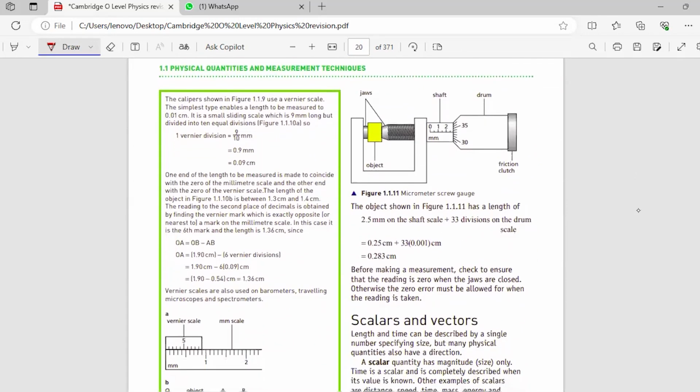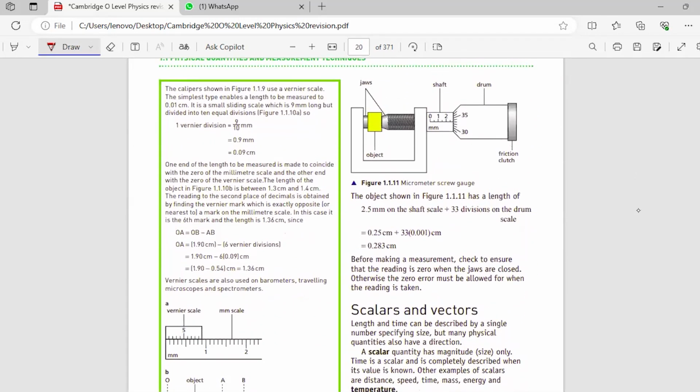Just like this, this is an example of the screw gauge. This is the main scale reading plus the least count, which is a standard one. The least count of the scale is 1 millimeter, or 0.1 centimeter.